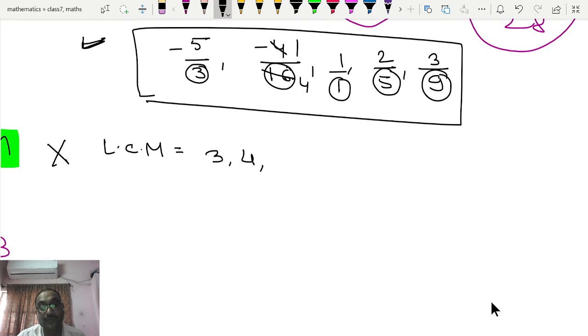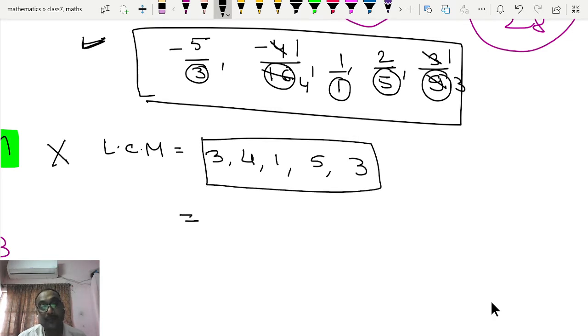So here it is 4, 1, 5, and if you write it in reduced form it will be 3. So these rational numbers will be converted into reduced form, and the LCM of 3, 4 and 5 will be, take the multiple of the greatest number, that is 5.